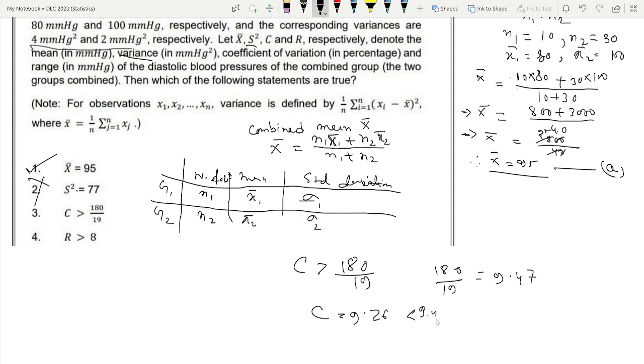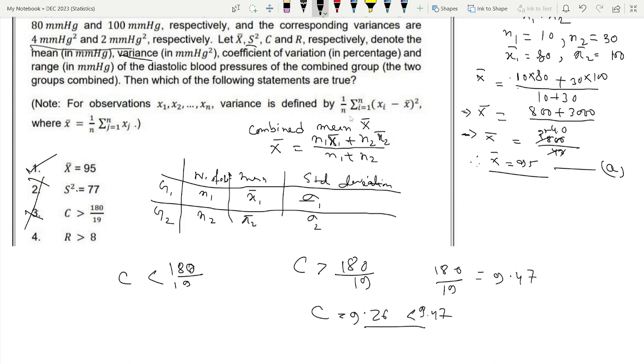So 9.47 is greater than 9.26. So C is less than 180 divided by 19. So option C is the wrong answer.